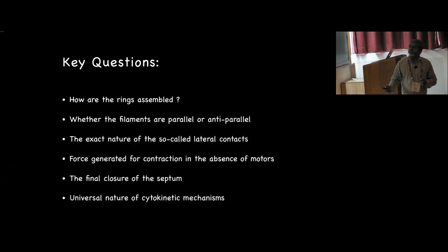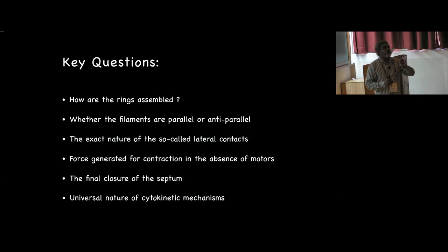And how is this force generated in the absence of contraction? That seemed to be a largely solved problem with all this treadmilling and all these models, which Manoj may talk more about. And how is the final closure of the septum? Because, as I said, of the curvature problem: as you keep decreasing the size, you can probably get to around 25 nanometers or 12 nanometers.